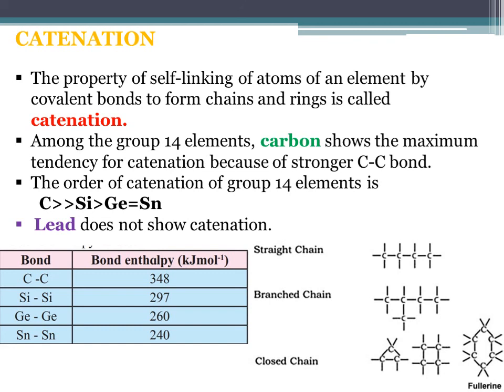That is the reason why lead doesn't show catenation and carbon shows the maximum catenation. My dear students, over here in this diagram you all can see the bond enthalpy of these elements. So carbon-carbon has the highest bond enthalpy, whereas tin has the lowest bond enthalpy.